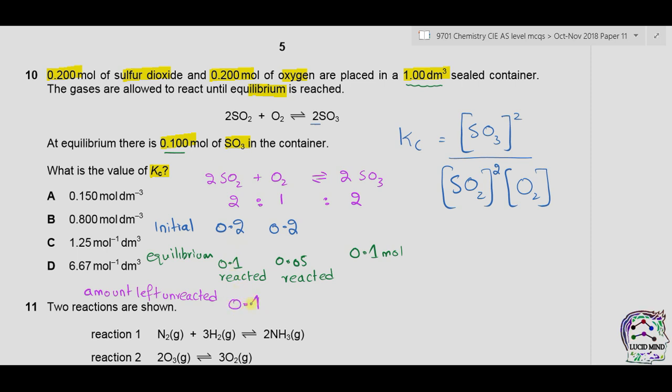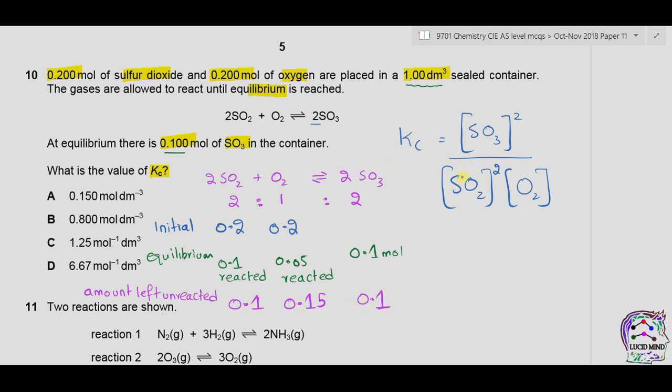So we have 0.1 mole that is left unreacted. Similarly, for oxygen, we can find out the number of moles unreacted by subtracting these two, 0.2 minus 0.05. So we have 0.15 moles of oxygen present at equilibrium. And the amount of SO3 given at equilibrium is 0.1 mole.